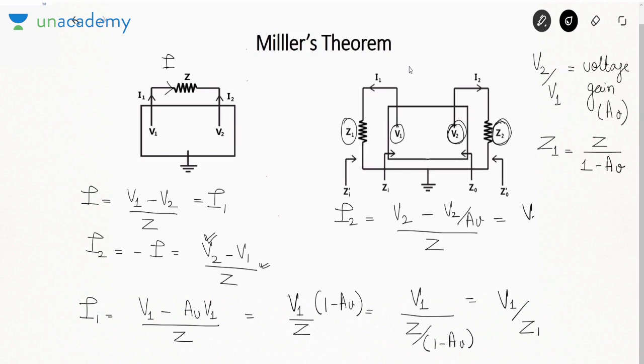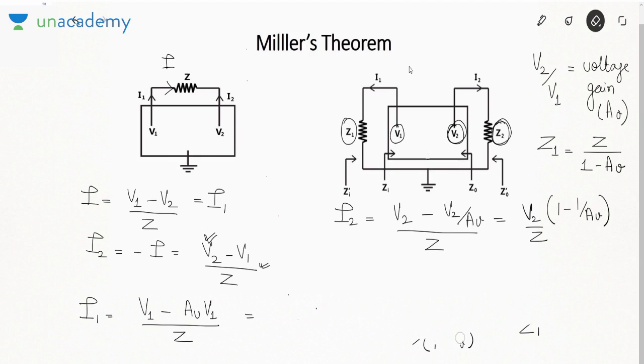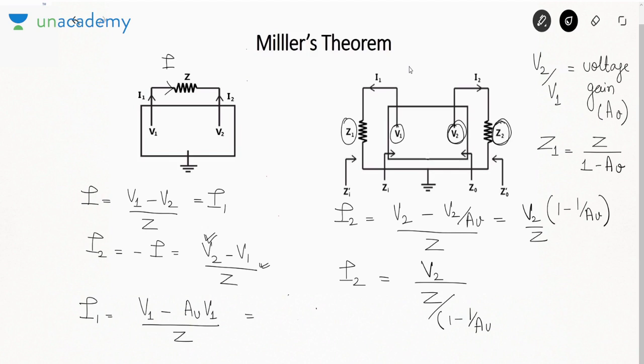So you can say I2 is V2 times (1 minus 1 by AV) by Z, or you can write it like this: I2 is equal to V2 over Z upon 1 minus 1 by AV, or you can say V2 by Z2.